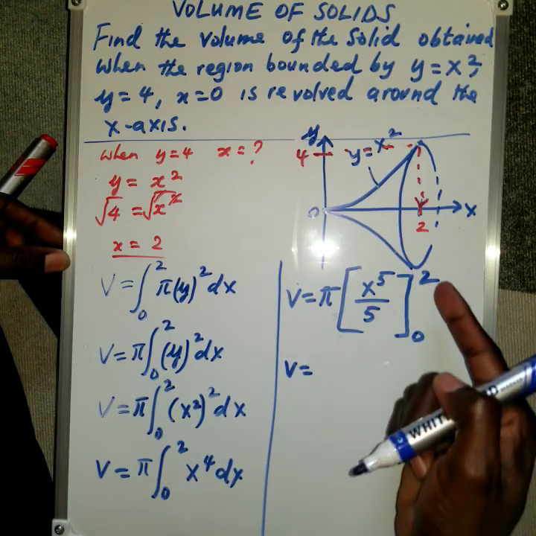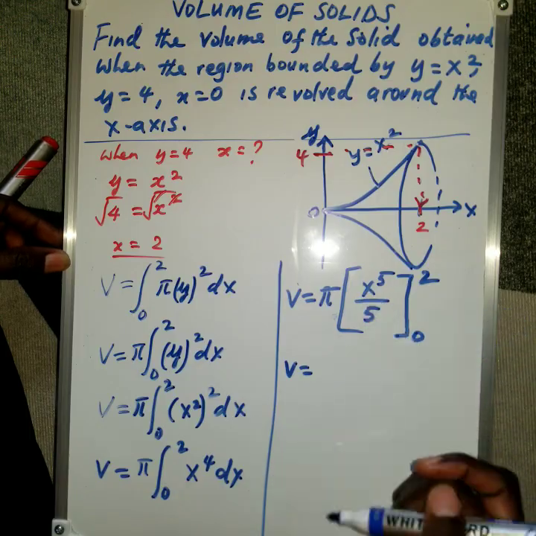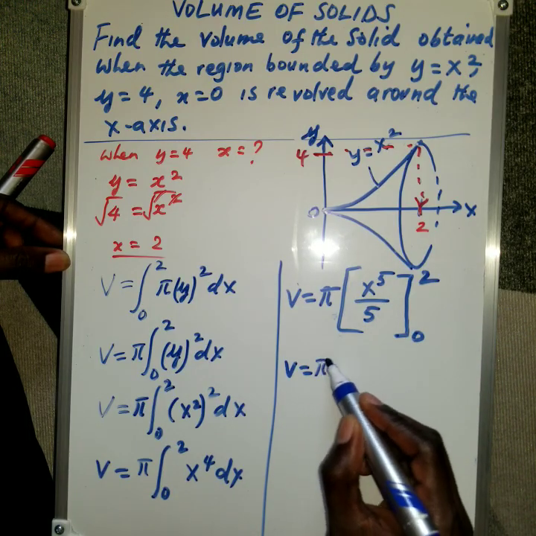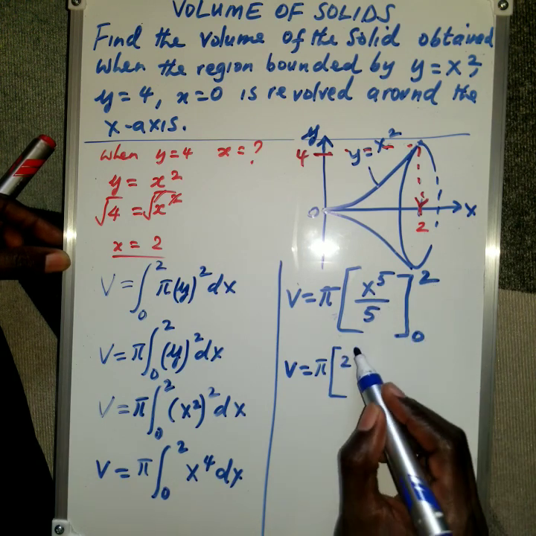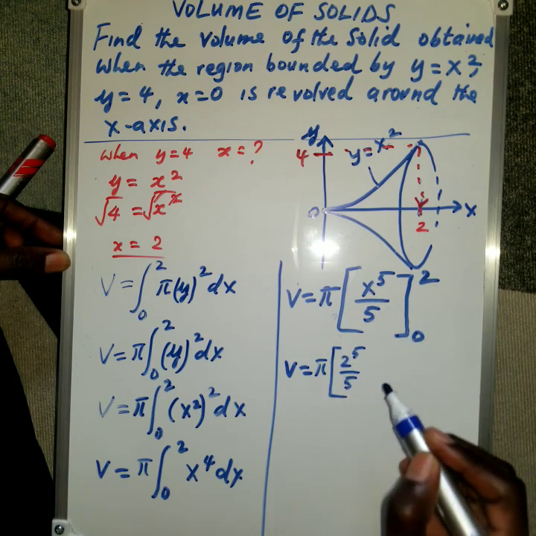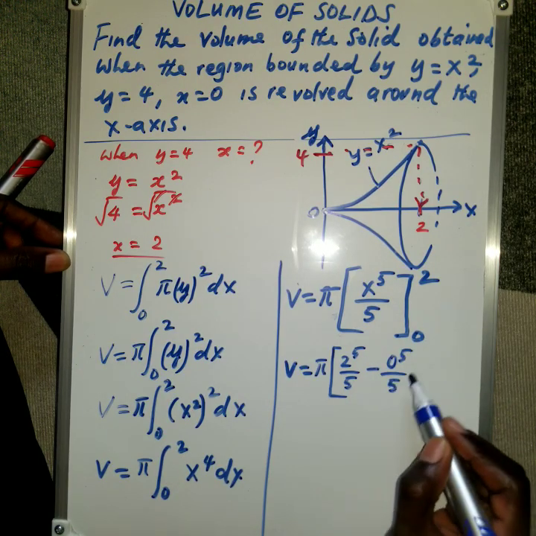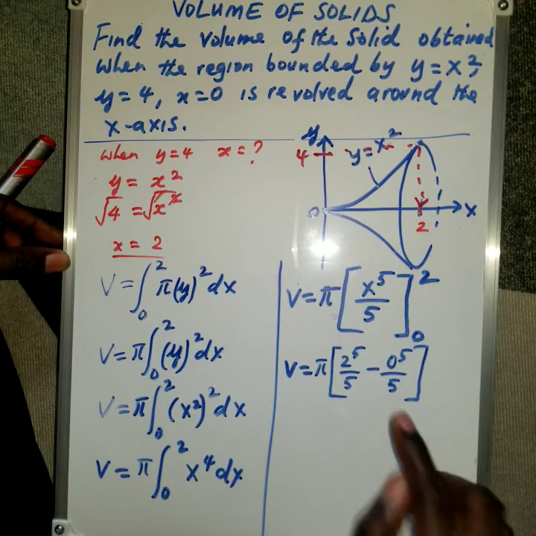So volume will be equal to, you substitute your upper limit minus you substitute your lower limit. In this case, it is going to be pi times 2 raised to the power 5 divided by 5 minus 0 raised to the power 5 over 5. So I've substituted the upper limit minus the lower limit.